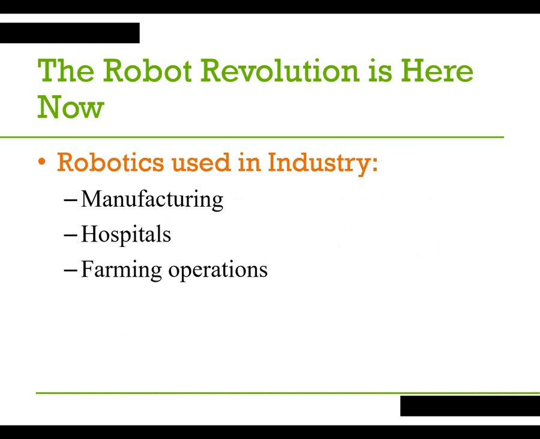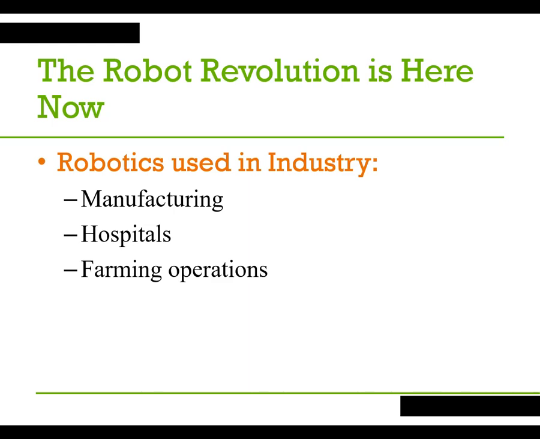We're going to look in class at some examples of how robotics are being used. They're really found in a lot of different areas, from manufacturing to hospitals, even farming. Self-driving tractors that are using a GPS system to go out and do the tilling in the field.